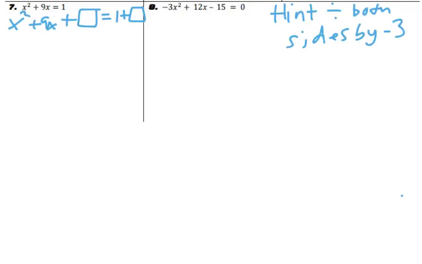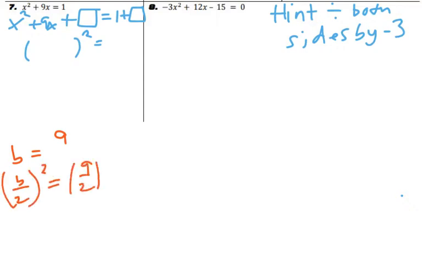Okay, x squared plus 9x plus something is going to equal 1 plus something. So I want to figure out what's going to go inside that box so that I can add that number to both sides and have a perfect square on the left. This is actually straight from the problem that we did on number 3, but I'm going to redo the work quickly down here anyways. b is 9, so b over 2 squared is 9 over 2 squared.